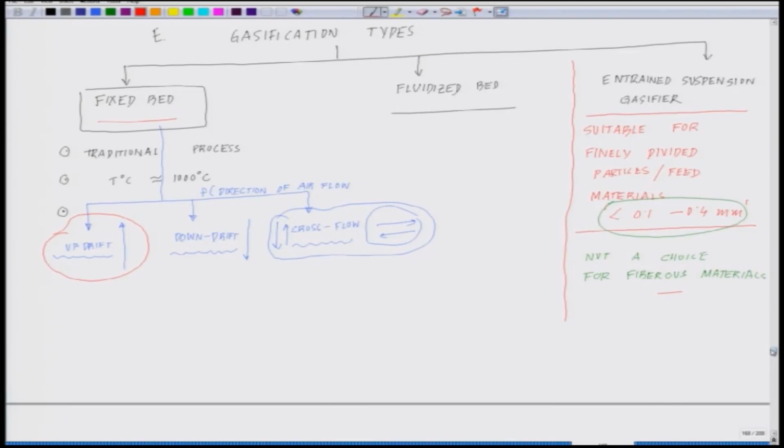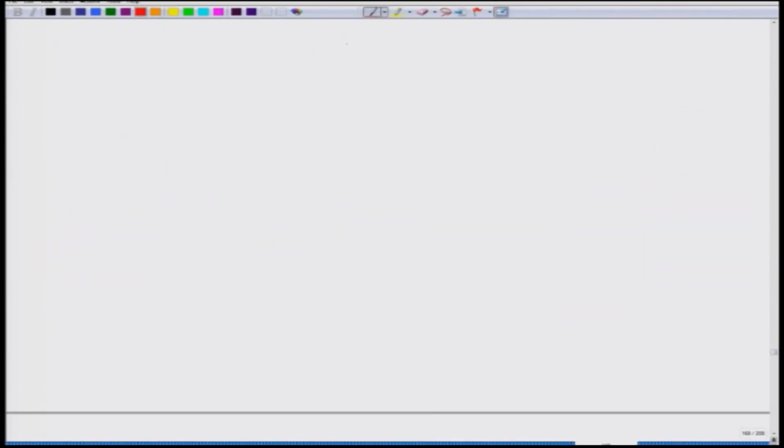Before we put down the notes, let us draw the schematic of how the updraft gasifier looks like. So, this is how it more or less looks like.